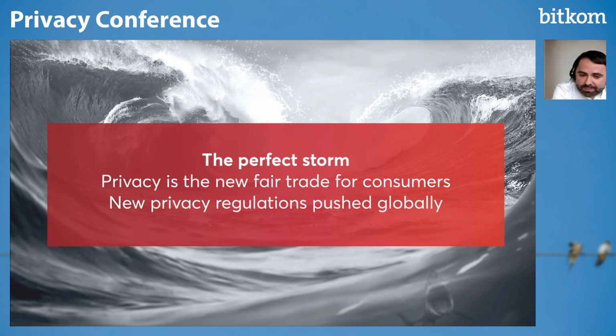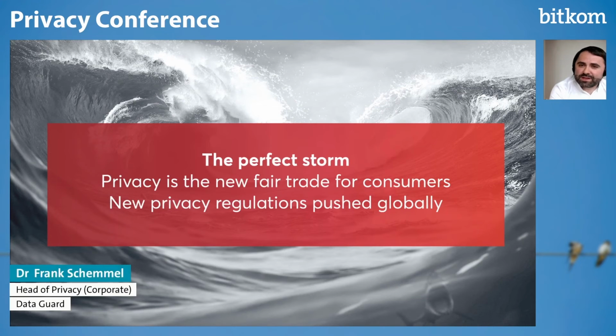And that's important. According to the Gartner review, by 2023, 65% of the world's population will have its personal information covered under modern privacy regulations, up from 20% today. And that's a lot. So we have to take this into account.